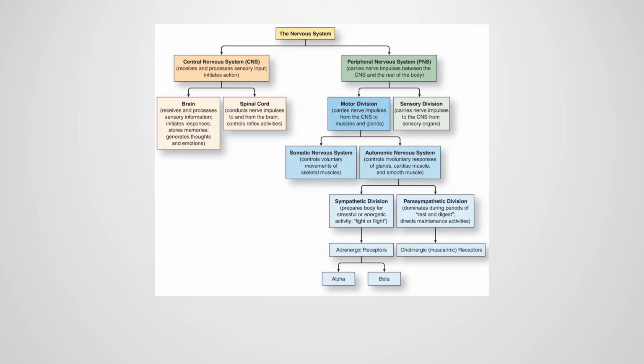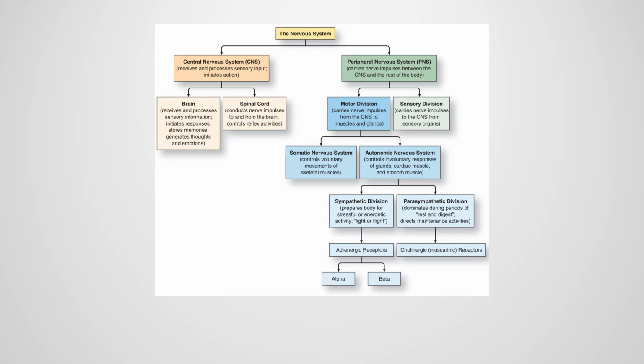And then the other side is the parasympathetic system, which is performing all the functions while you're taking it easy, resting, your digestion, your urination, your bowel movements, all those things are parasympathetic. Okay, and the sympathetic system uses what are called adrenergic receptors.